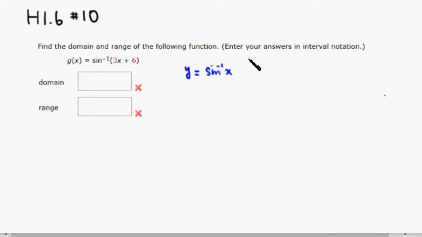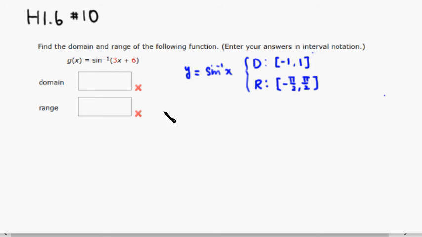As we did in class, the domain of arc sine would be between -1 and +1, and the range of arc sine is restricted to -pi/2 to +pi/2. Then think about the transformations we're going to apply to this and what kind of effect they'll have on the domain and range.